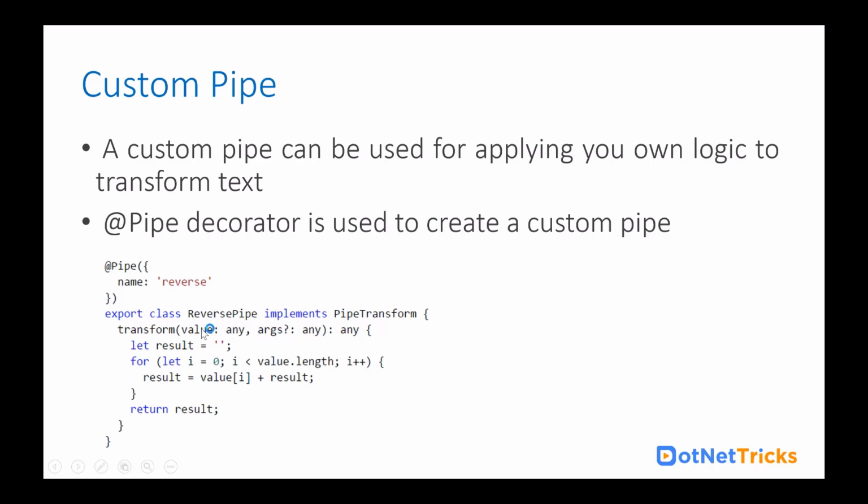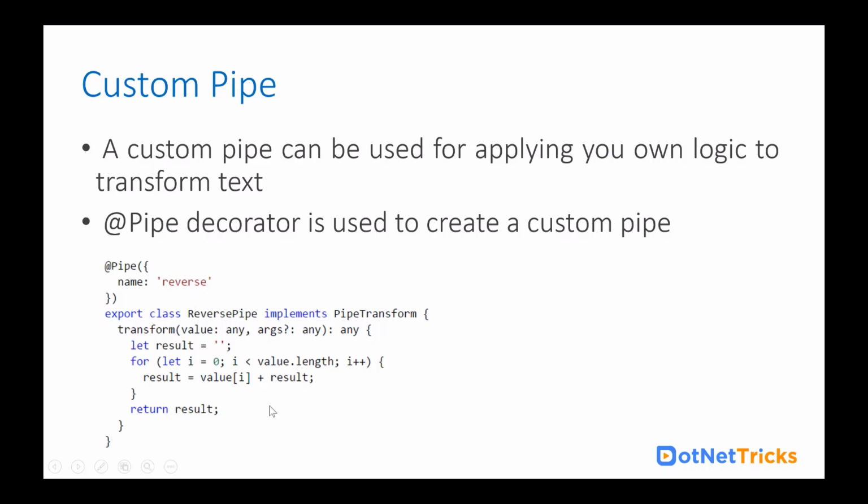The value, where we are putting this reverse pipe, will come in this value parameter. And if you are passing any argument after the colon, as we have passed the argument in the date and the currency pipe, the same way we pass it here. Here is your logic to reverse the string which you are receiving.